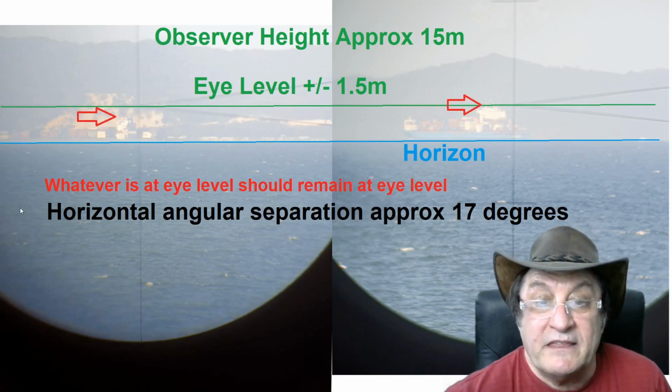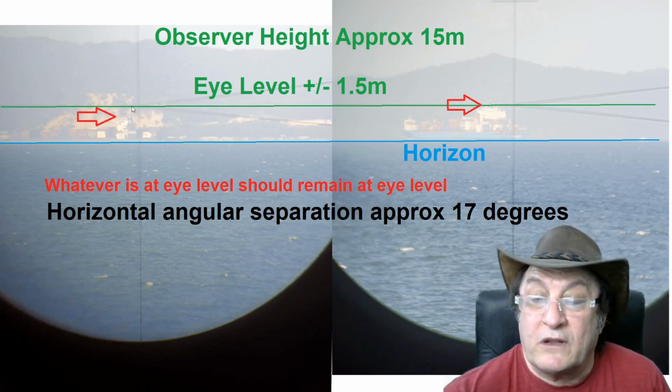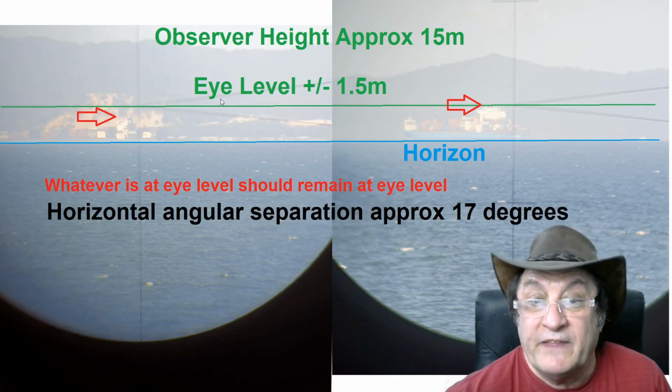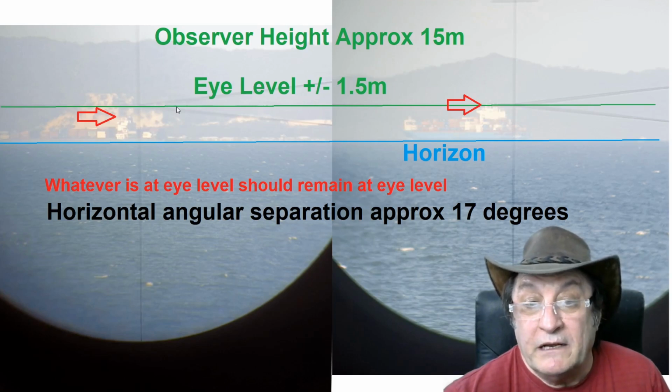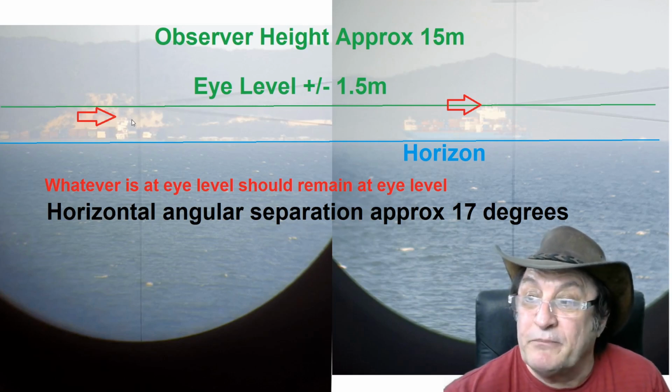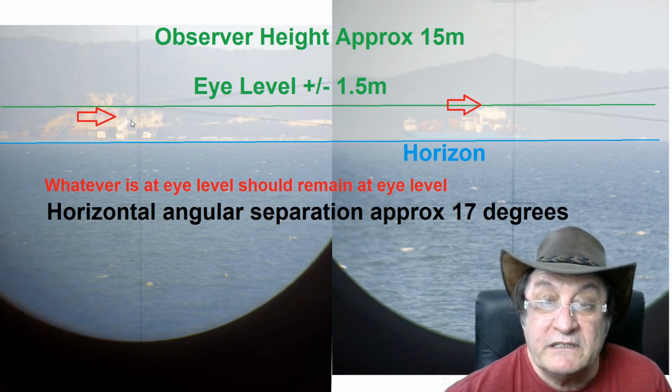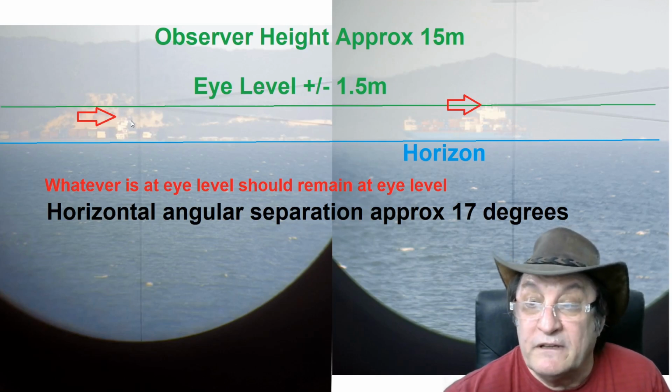So here's another thing. Eye level is where the green line is, or within 1.5 meters of that. Due to the laws of perspective, everything at eye level should remain at eye level. But this ship has sunk. It has sunk because it is over the curve.